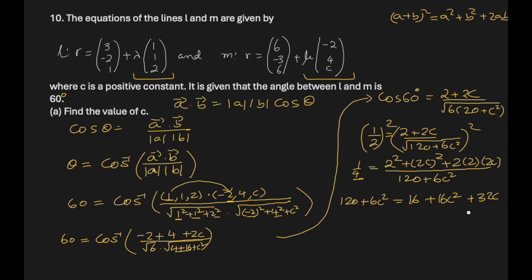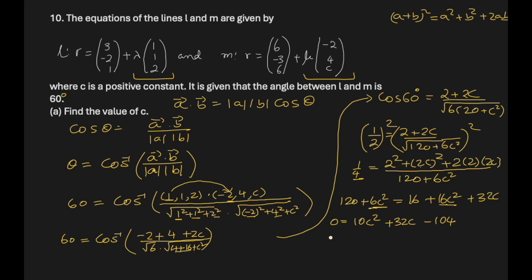So let's bring everything to here, because 16 is bigger than 6. So 0 equal to 16 minus 6, 10C square, plus 32C alone, and 120 comes here, becomes minus 120, so it will become minus 104.